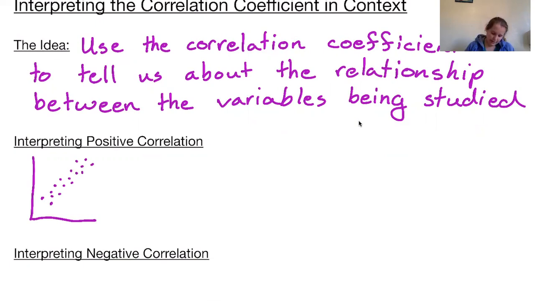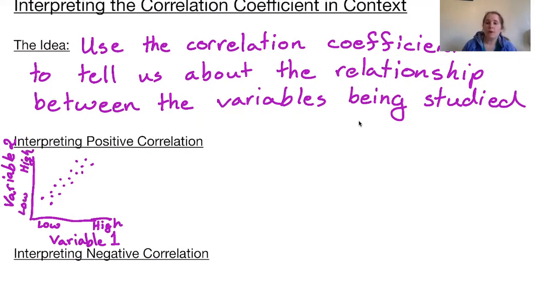So if we think of this as variable 1 and variable 2, and we have the low values and high values, and low values and high values, then essentially what we have here is high values of variable 1 tend to be paired with high values of variable 2, and low values of variable 1 tend to be paired with low values of variable 2.